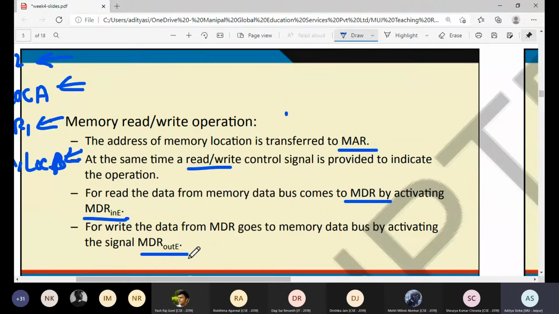This control signal is used for activating the control switch, the logic between the MDR and the internal bus or the memory bus.